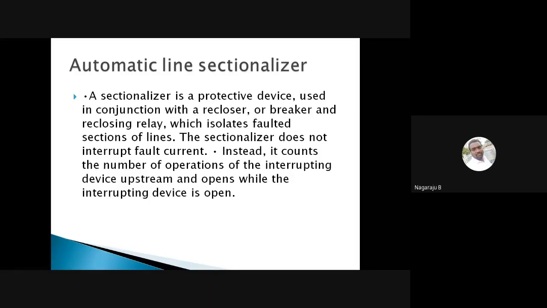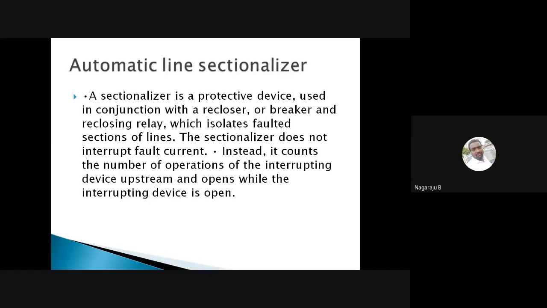I told you when the recloser is going to have four counters, four instantaneous operations, the device is going to lock out. At that time this sectionalizer will be set to trip during the open circuit time at the third operation, and at the fourth tripping operation the reclosing device is going to reclose.